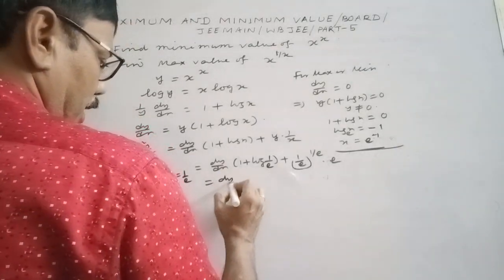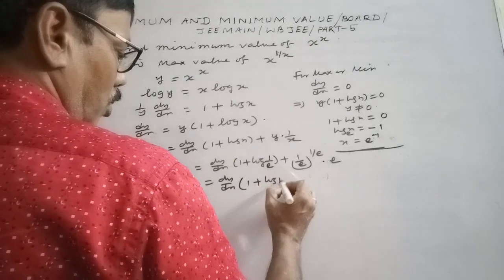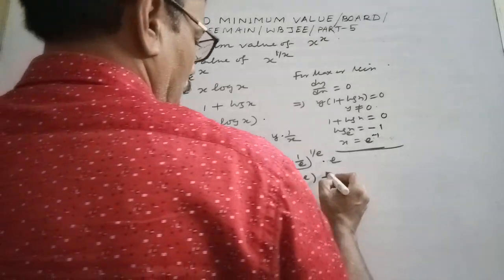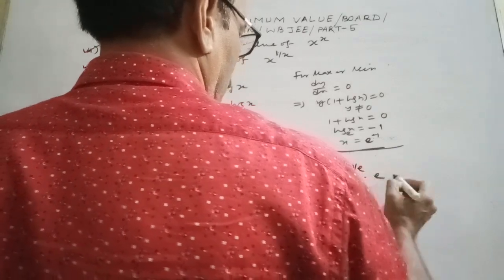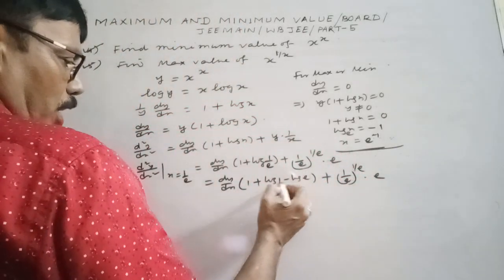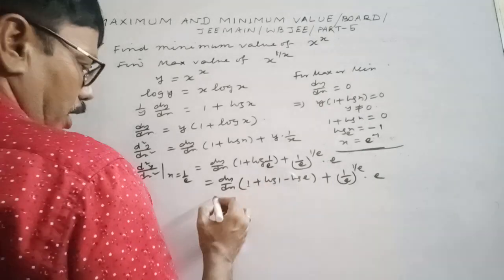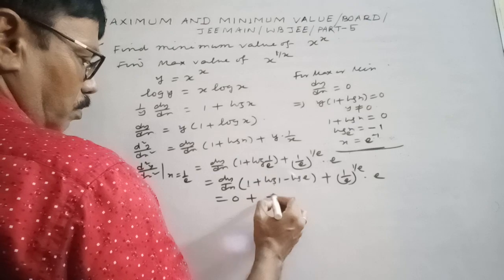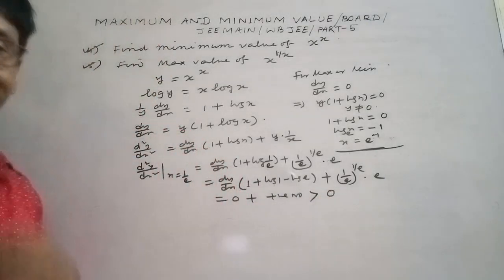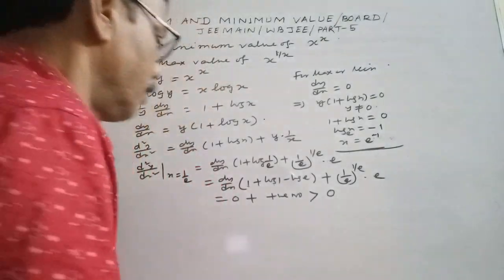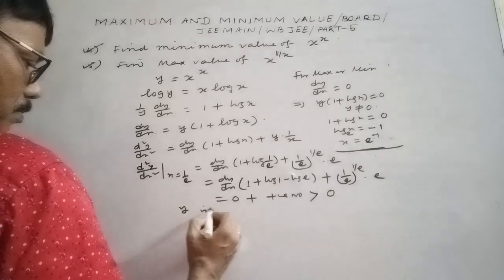Now log e is 1 and log 1 is 0. So we are getting 0 plus a positive number, that is greater than 0. So y is minimum.